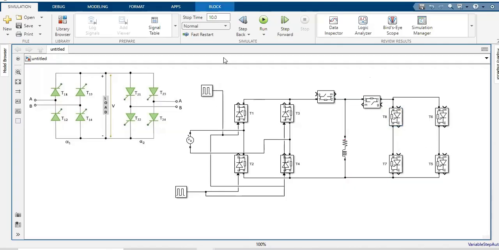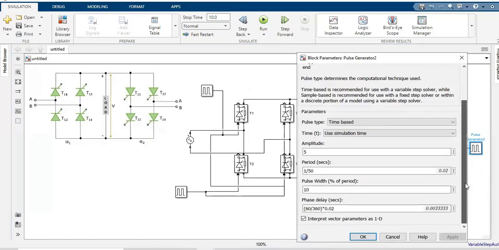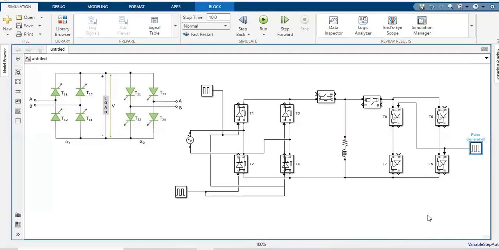Now again, we need to give the gate pulse to the second converter switches. So we'll be giving the gate pulse to 5 and 8 with a firing angle of 60 degrees.